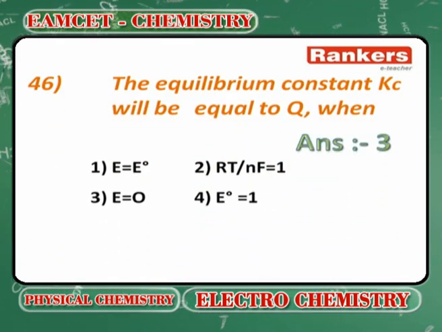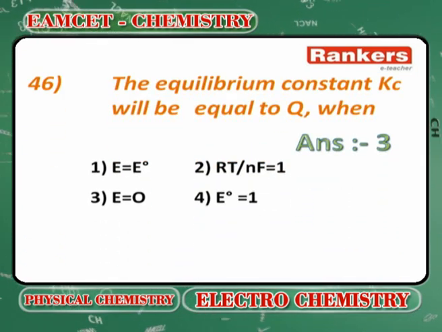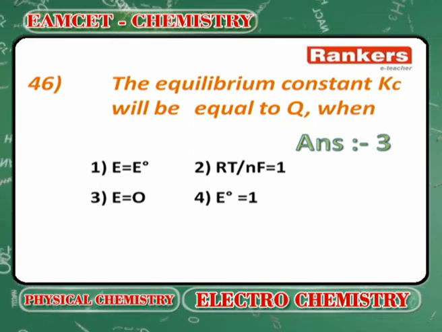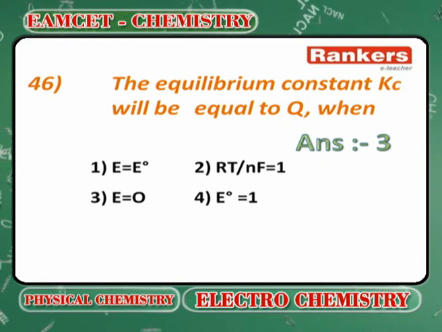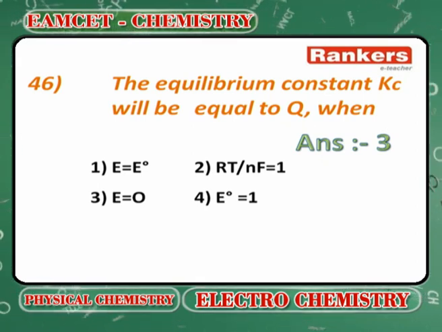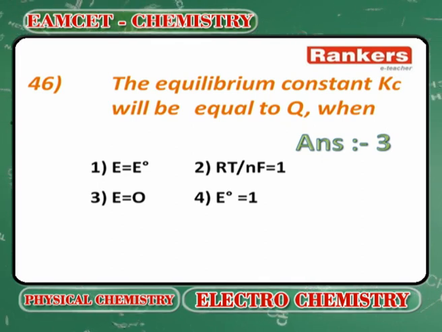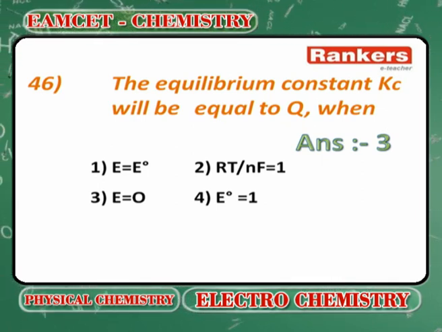The equilibrium constant Kc will be equal to Q. The reaction quotient will become equal to the equilibrium constant only when the process is at equilibrium.